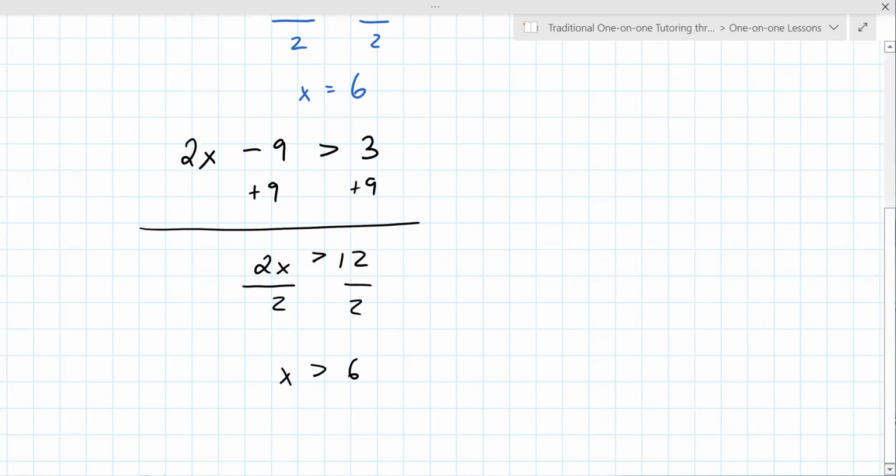Okay, all right, so let me have you try one here. Let's say it's 3x plus 5 less than 20. Could you solve this for me, please?